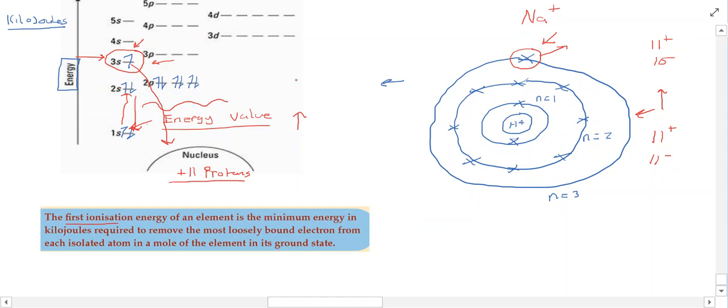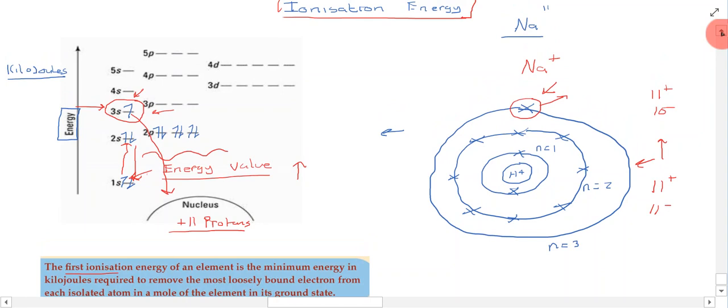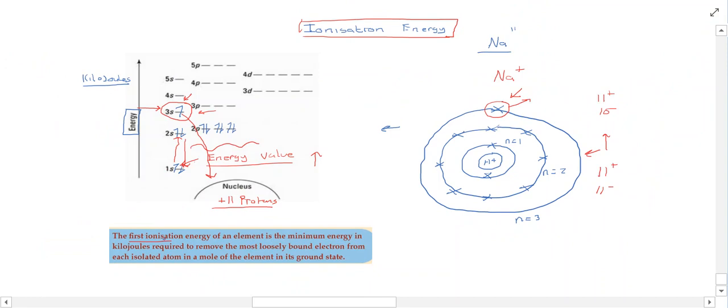Here we have elemental sodium. It is the minimum energy in kilojoules required to remove the most loosely bound electron from each isolated atom in a mole of an element in its ground state.